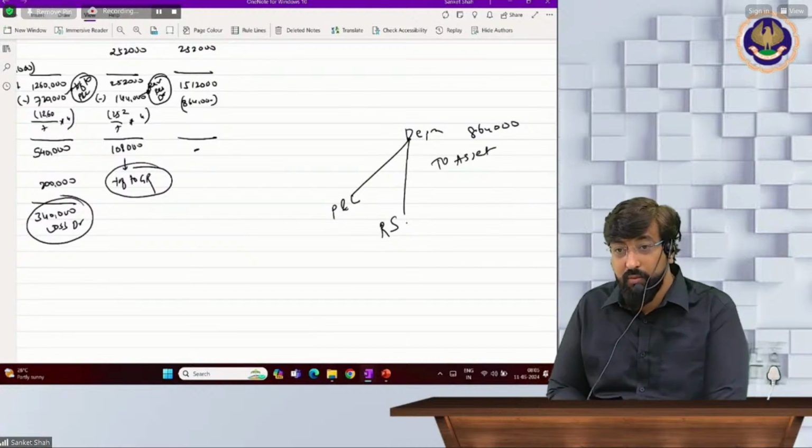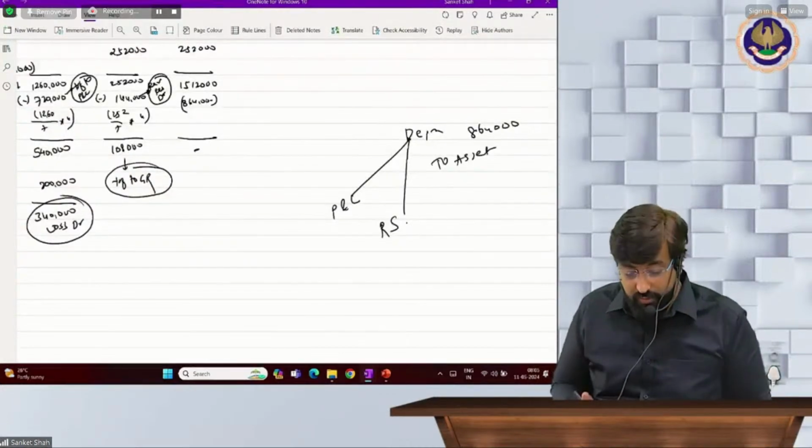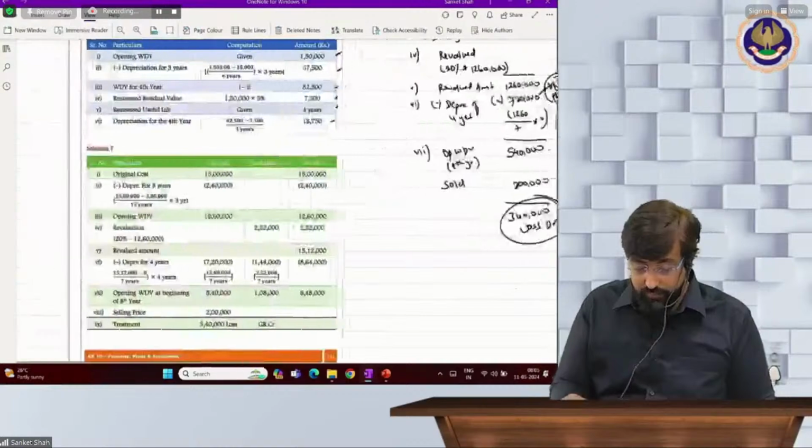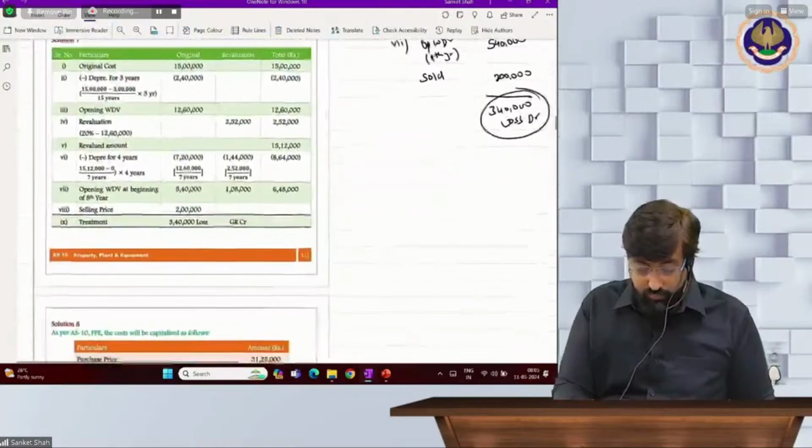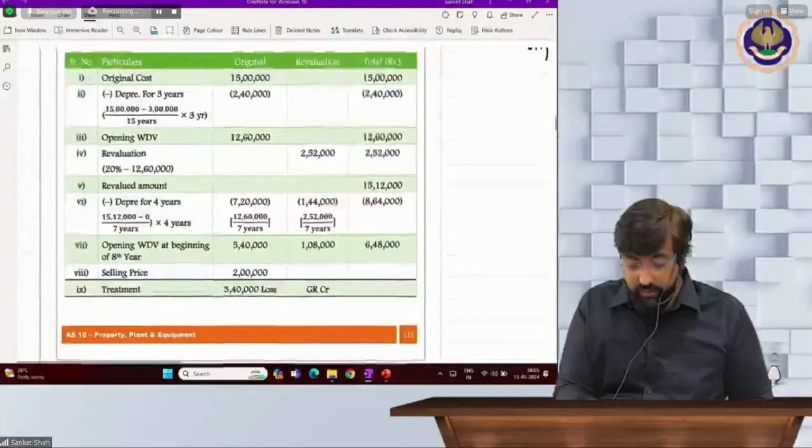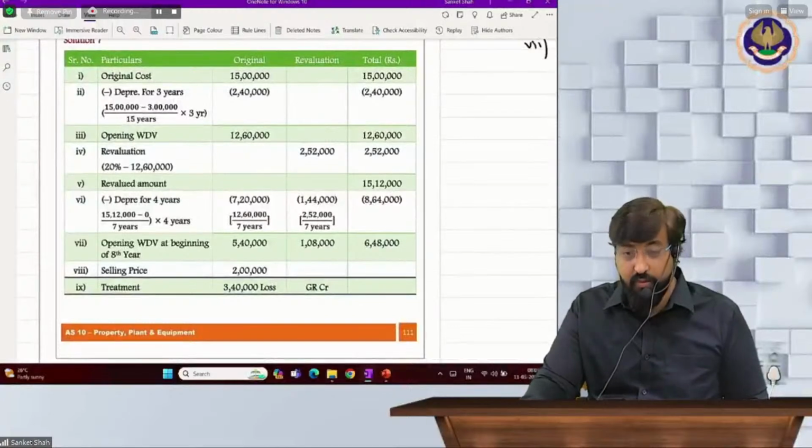Yes. Can you please show the answer? I will show you the answer. See, this is the revaluation amount and treatment.